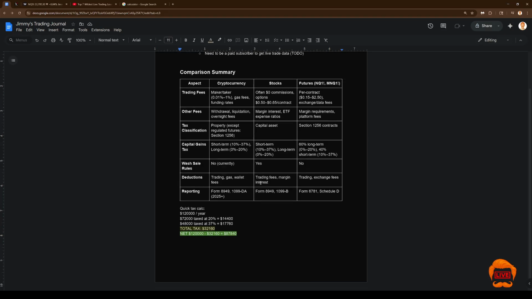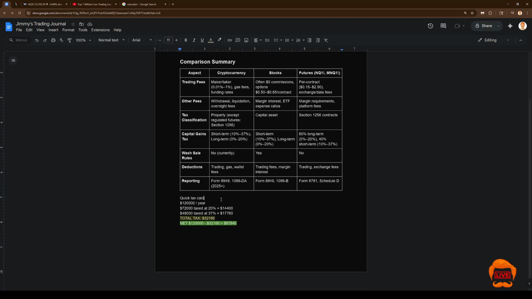Okay, this is for futures. Let's see, we'll do another quick tax calc. This will be for crypto. Same thing, 120,000 per year.